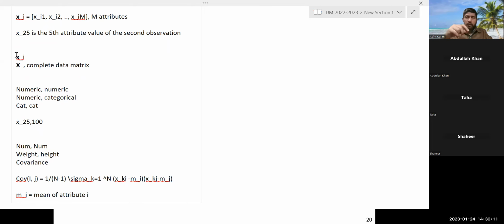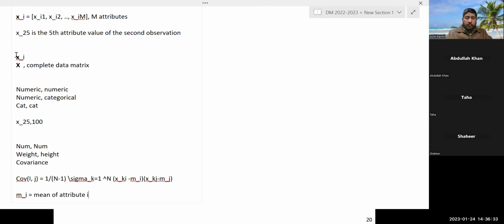So these would be positively correlated. Of course, if this value is negative, then it means that as one value increases, the other decreases. Okay, so this is a measure that is used, sometimes also called the Pearson correlation. But this is actually covariance.